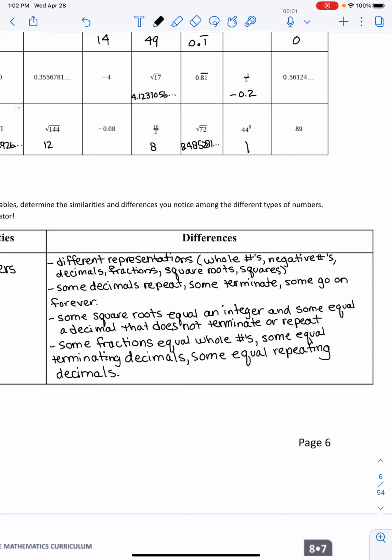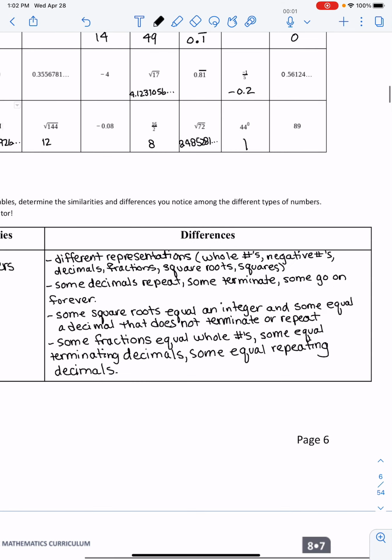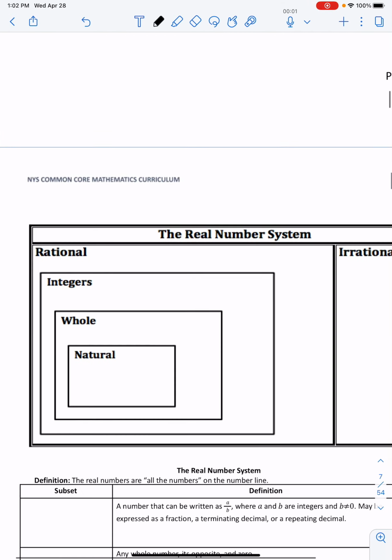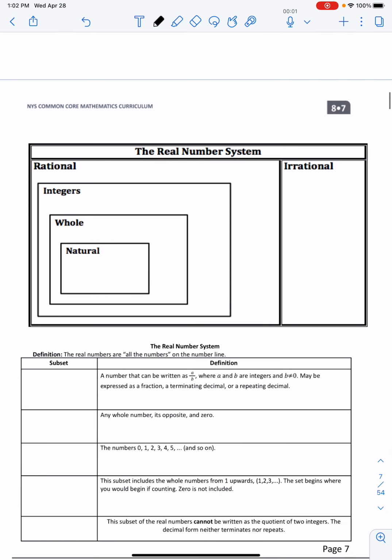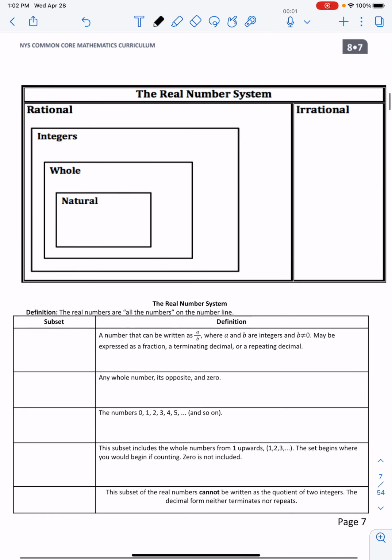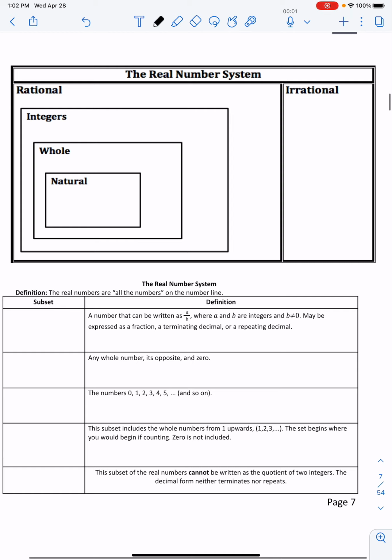Next, we have some examples of our different types of numbers.